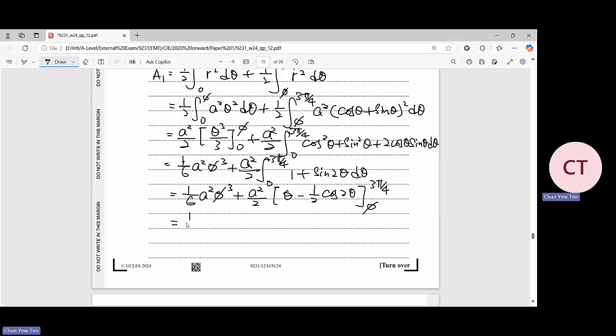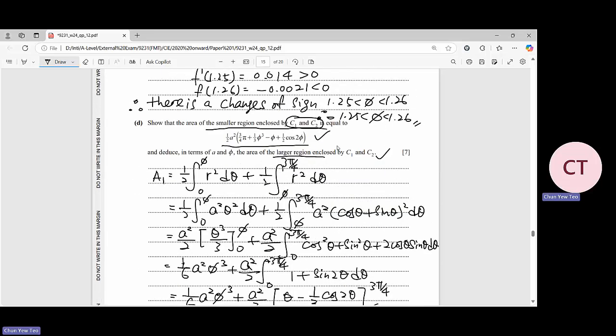Then you will get 1 over 6 A squared phi cubed plus A squared over 2, 3 pi over 4 minus a half cos 3 pi over 2 minus phi plus the half cos 2 phi.